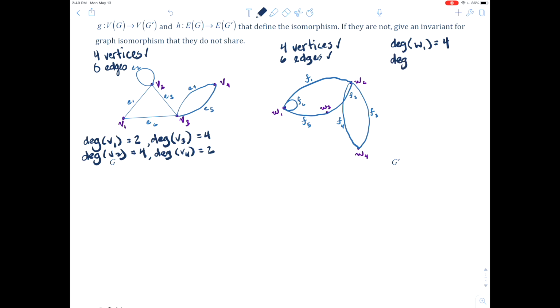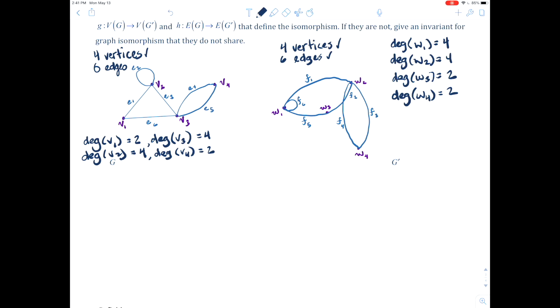The degree of W2 is, let's see, we've got F1 comes out, F2 comes out, F4 comes out, and F3 comes out. So we have 4. The degree of W3 is just 2, right? And then the degree of W4 is also 2.